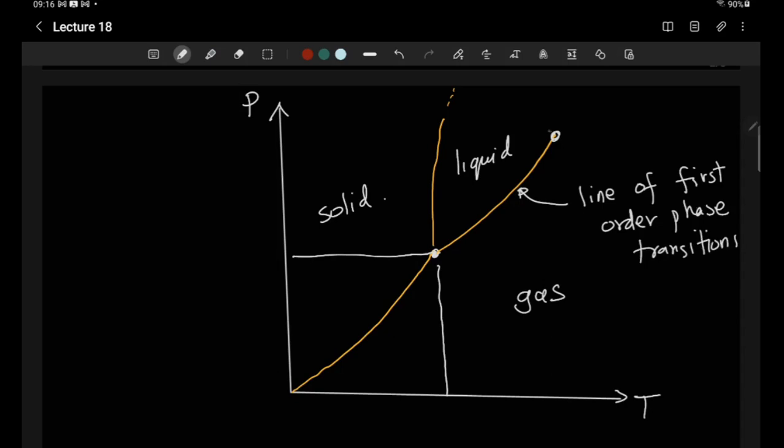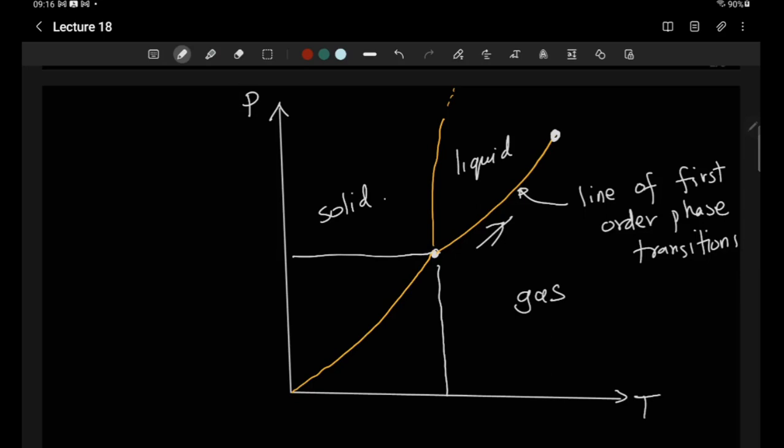This object that I've circled at that point becomes a second order one. So as you go in this direction, the latent heat goes to zero at this point.